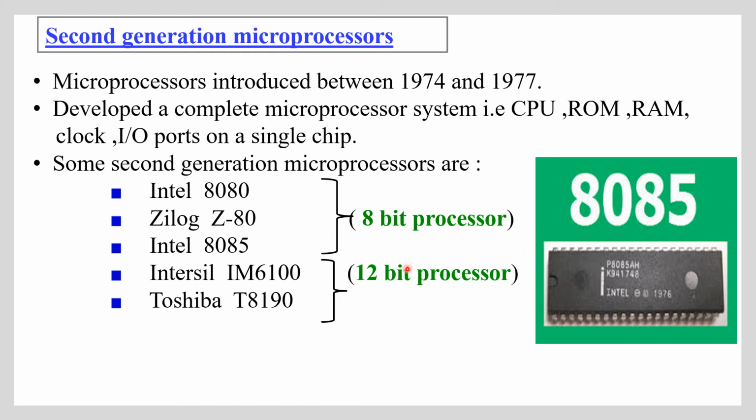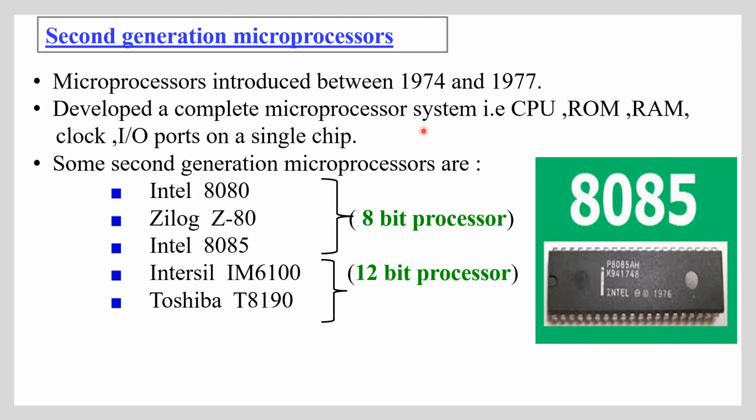So during the second generation, the development was in the direction of a complete microprocessor system, that is the CPU, ROM, RAM, clock and input output ports on a single chip. All this in a single package or single chip was developed.